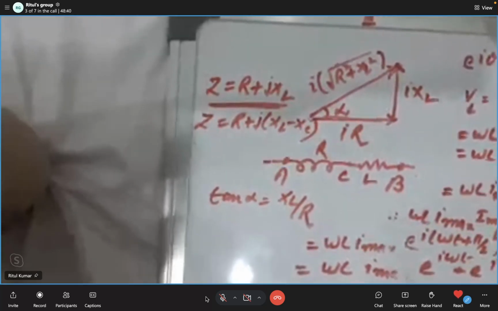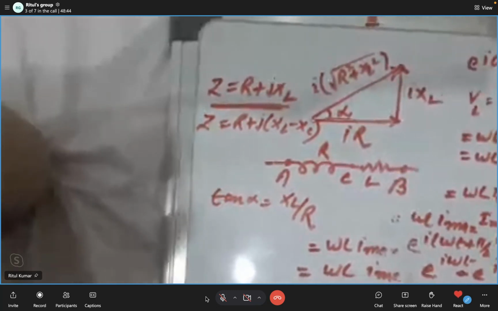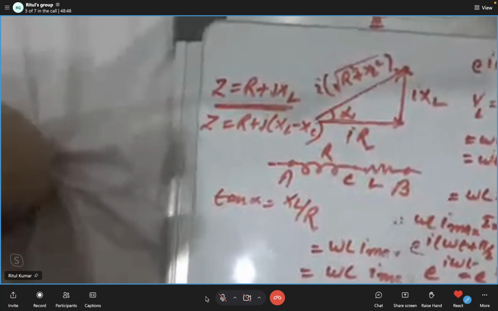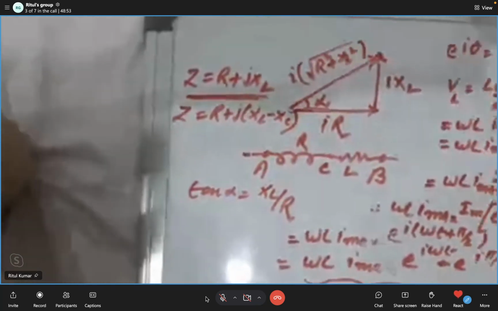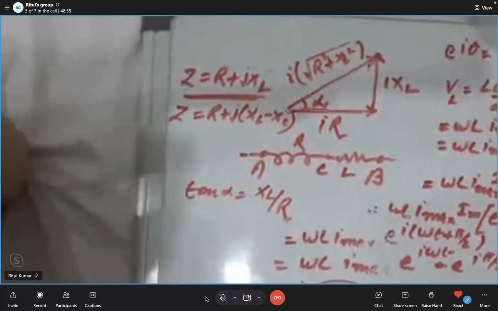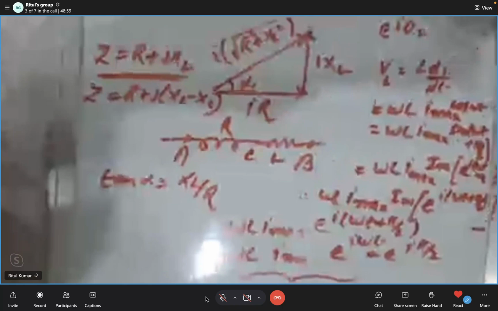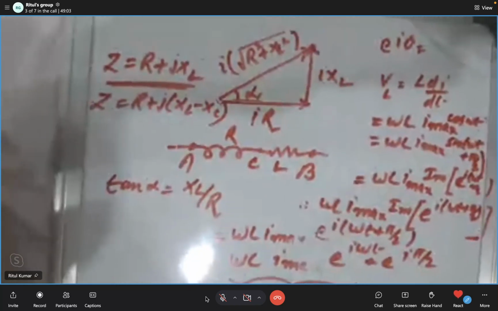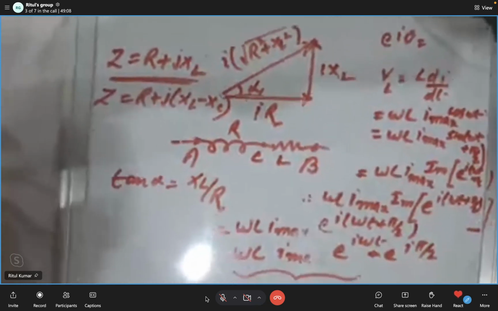Whenever it is required to reduce the angle between voltage and current, we find resort in a capacitor. The work of a capacitor boils down to reducing the angle between current and voltage.